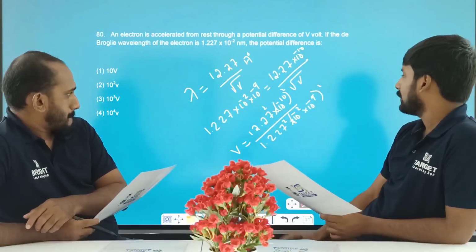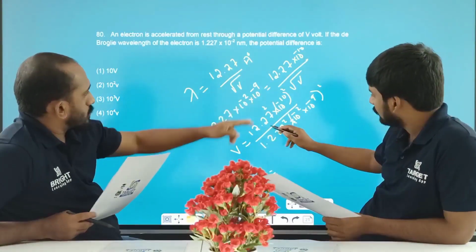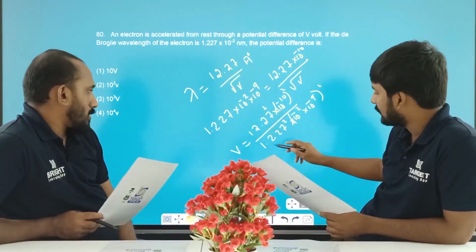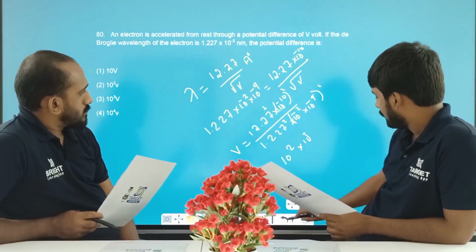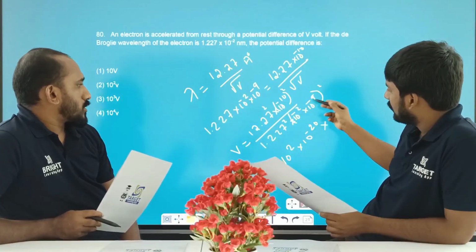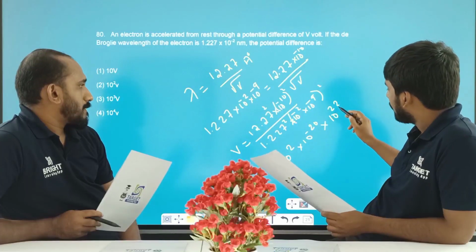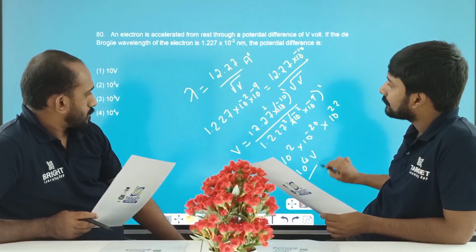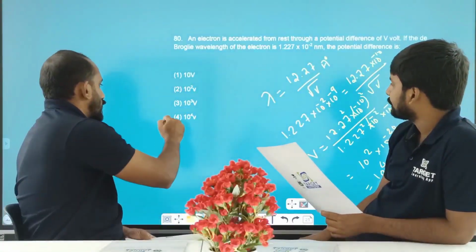The 12.27 and 1.227 give a factor of 100, and the powers: minus 20 in the numerator and minus 22 in the denominator, giving 10 raised to plus 22 minus 20 is 2. So 10 raised to 4 volt is the right answer. That's the fourth option.